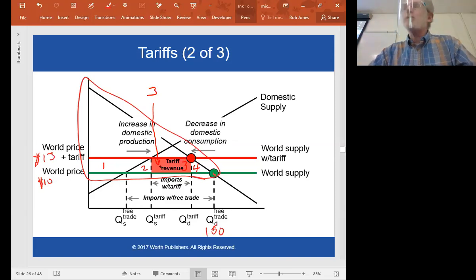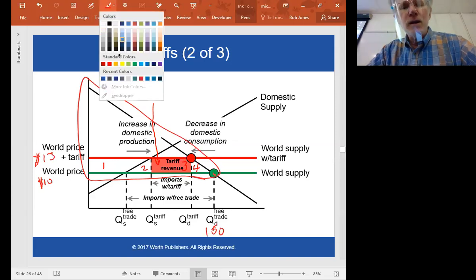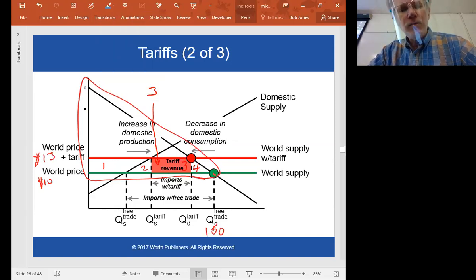1, 2, 3, and 4. Because you got the big triangle there, and after the tariff, consumer surplus has shrunk to the blue triangle. Okay?